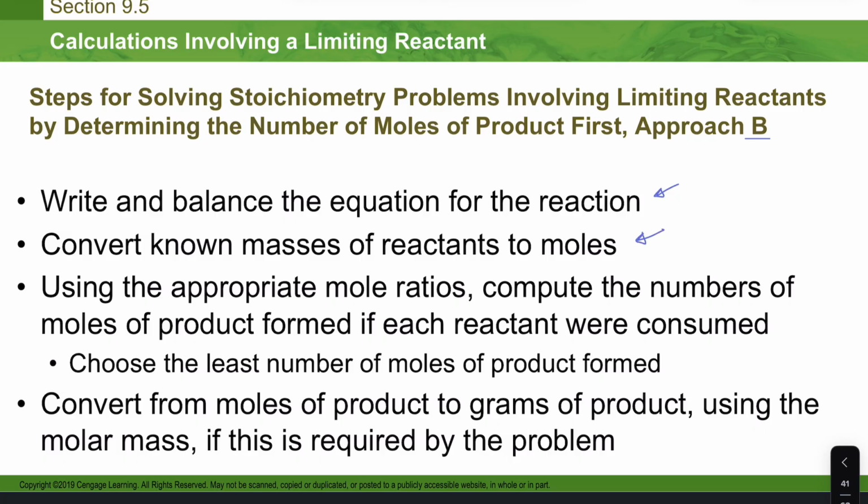We'll take the masses that we have and convert them to moles, and then we will take those moles and convert that to product formed, and we'll do it twice, once for each reactant. Whichever of these makes the least number of moles of product is going to be your limiting reactant.